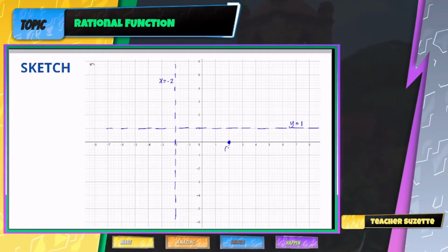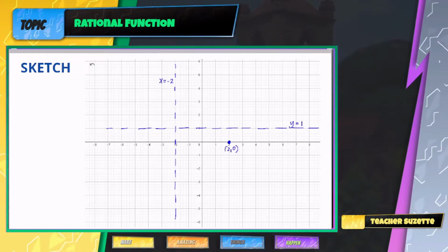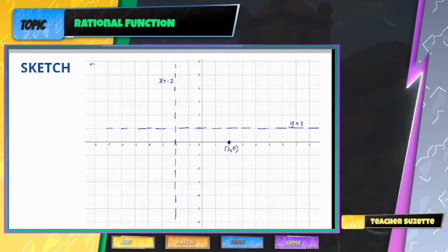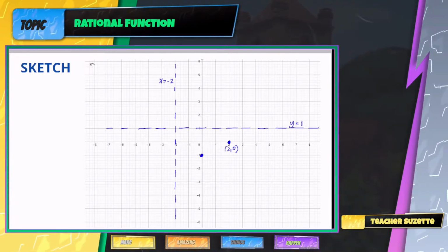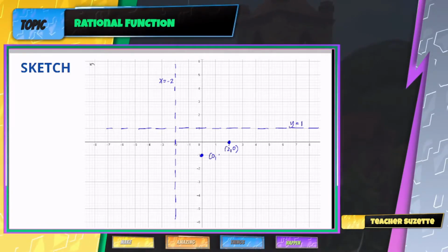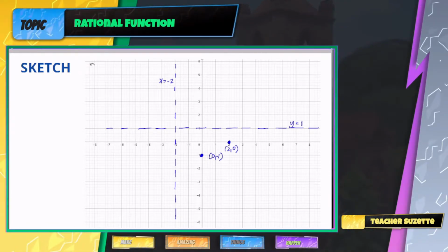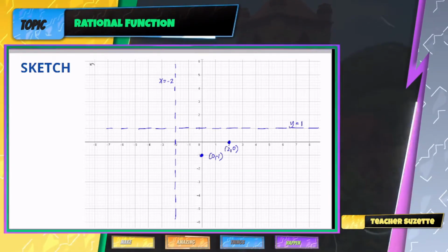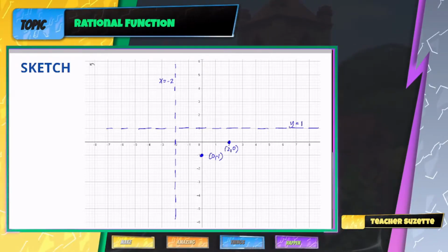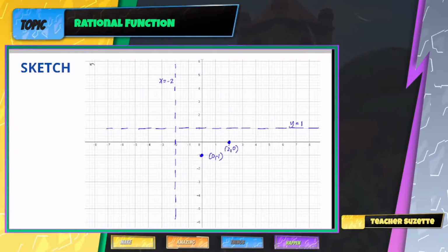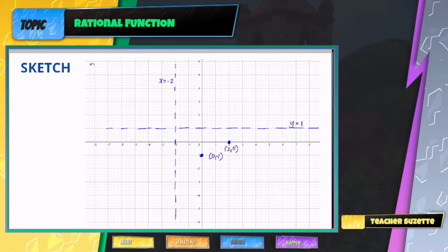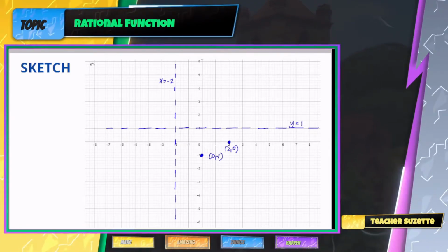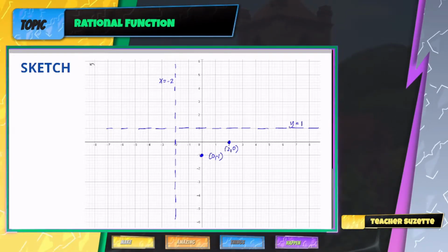This is the plot of (2, 0) and (0, negative 1). Now we have plotted our points and drawn our lines, the vertical and horizontal asymptotes.